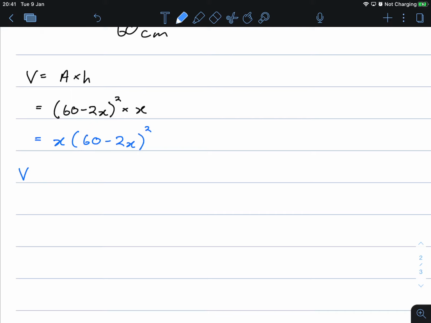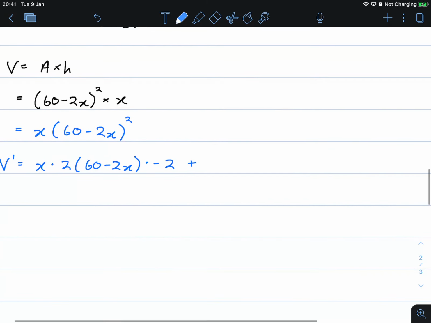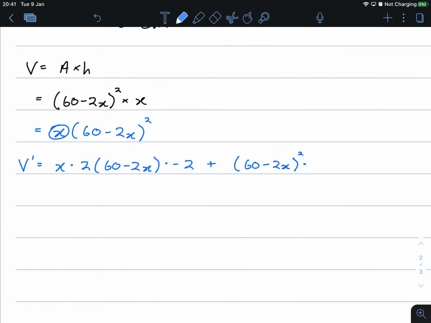So V prime is equal to, going to use the product rule, so it's going to be the first, x, times the derivative of the second, 2 times (60 minus 2x) times negative 2, plus the second times the derivative of the first, which is x.